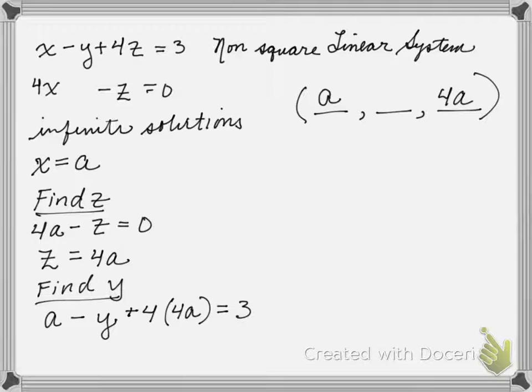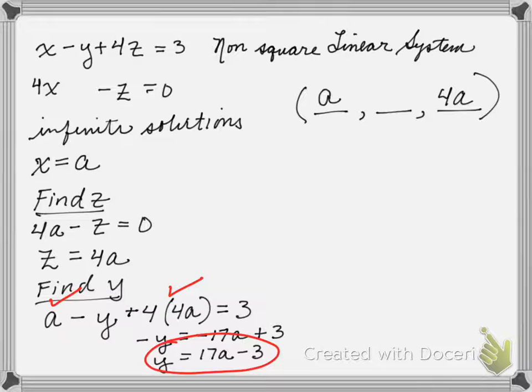So I've got a, and then 16a, so that is going to be negative y is equal to negative 17a when I subtract 17a from both sides, plus 3, and then y is equal to 17a minus 3. And that's my y coordinate that I'll put up here.